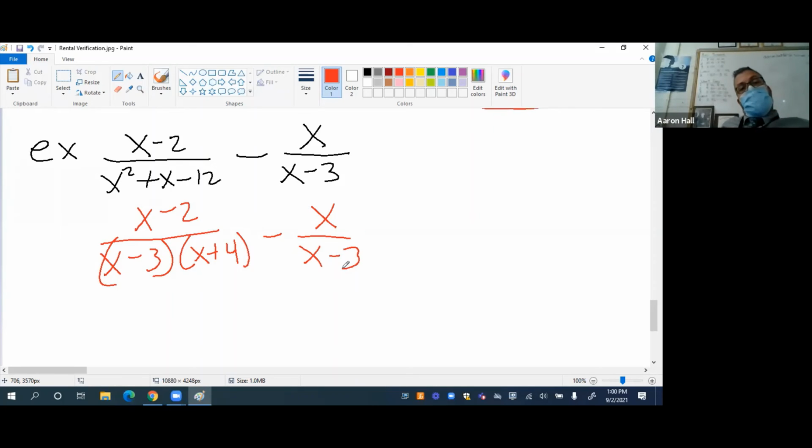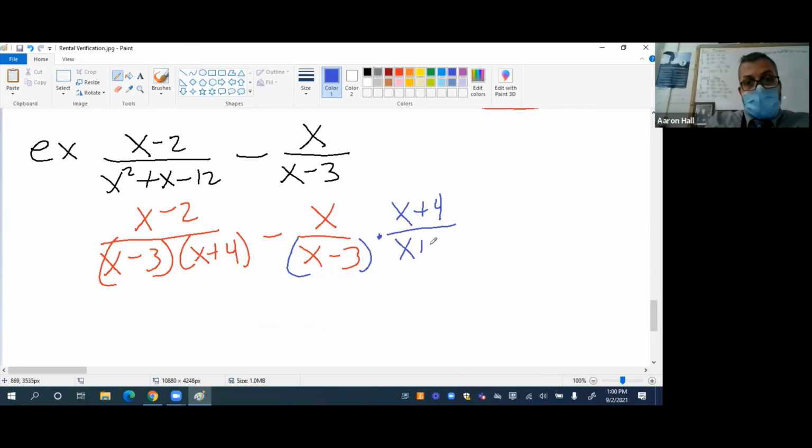Now what? What's the rule when we add and subtract fractions? We have to have a common denominator. How would we get a common denominator? Multiply by 1. Yeah, we need to multiply by 1 in the form of x plus 4 over x plus 4.